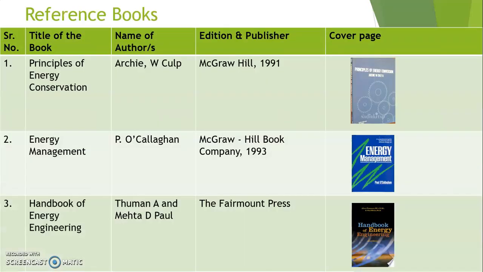Then the reference books: Principles of Energy Conservation by Archie W. Culp, McGraw-Hill, 1991. Energy Management by W. R. Murphy and G. McKay. Energy Management by P. O'Callaghan, McGraw-Hill Book Company, 1993. Then Handbook of Energy Engineering by Thumann A. and Mehta D. Paul, the Fairmont Press. So these are the reference books.